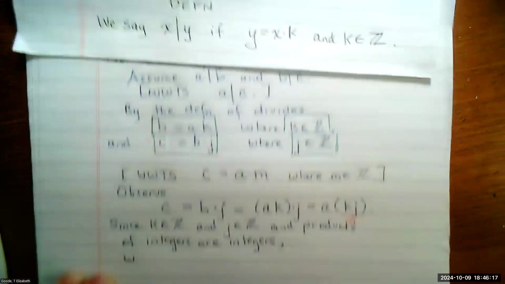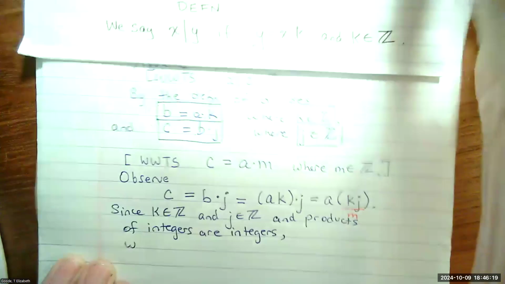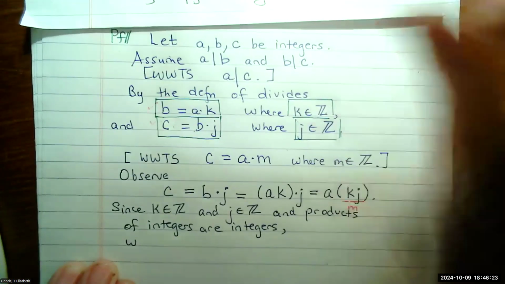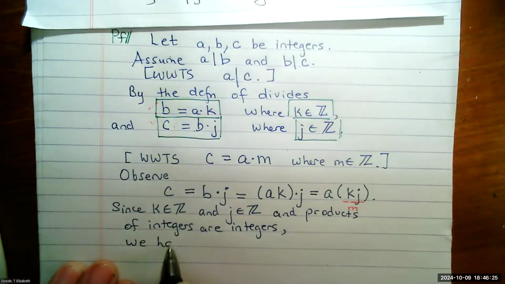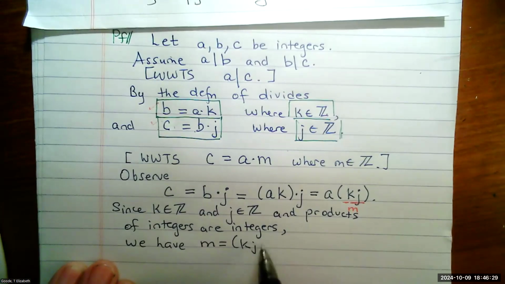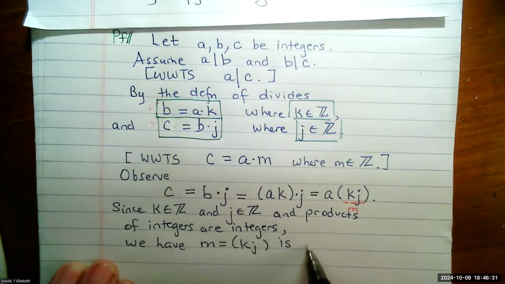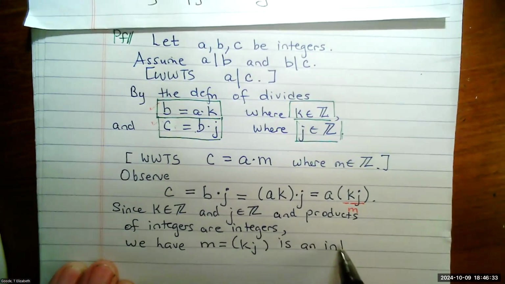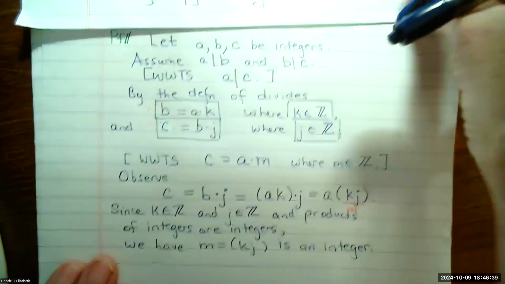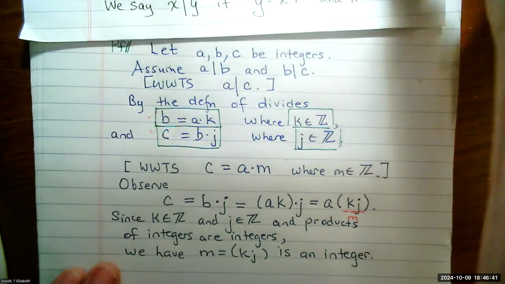We have M equals K times J is an integer, or you could say is an element of Z if you prefer. I try to write the proofs different ways. You can find your own style, or whatever you're comfortable with.